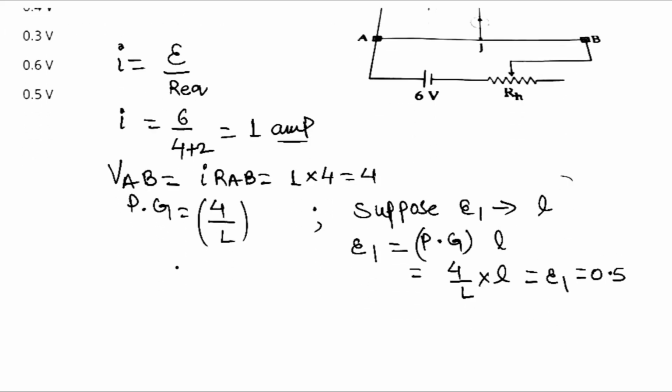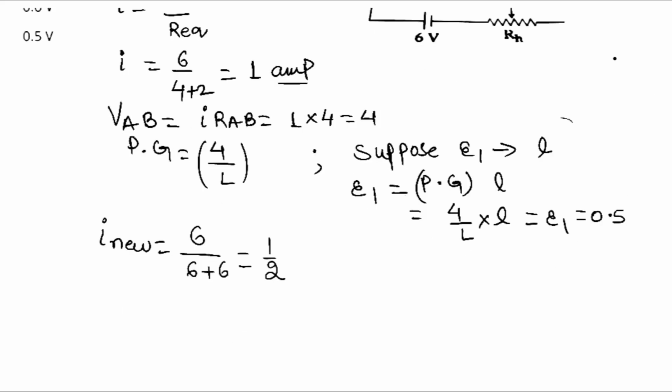So the new current is going to be 6 divided by 6 and 4, that is 6 by 10. No, not 6 by 6, because I can write it as 4 by 6. That will be correct.